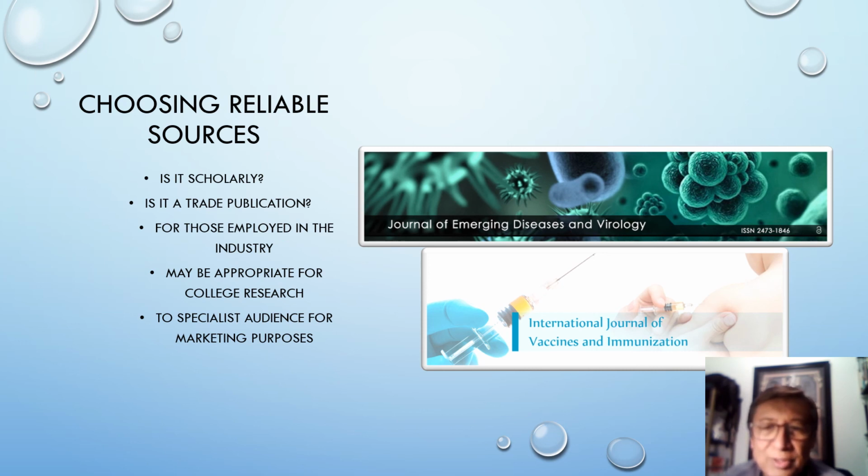The International Journal of Vaccines and Immunization. These trade publications are written for those who are interested in the field, and most likely people who are colleagues in the field as well. So take a look at those types of articles. This shows whether or not the document is scholarly.